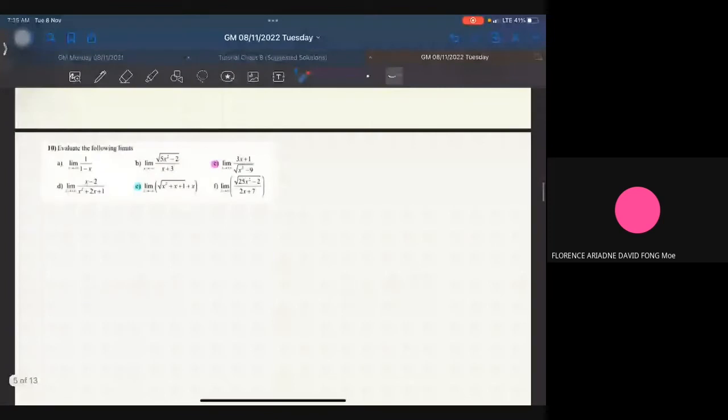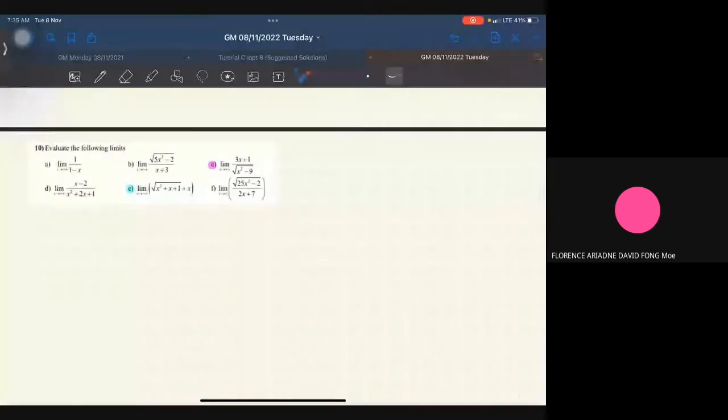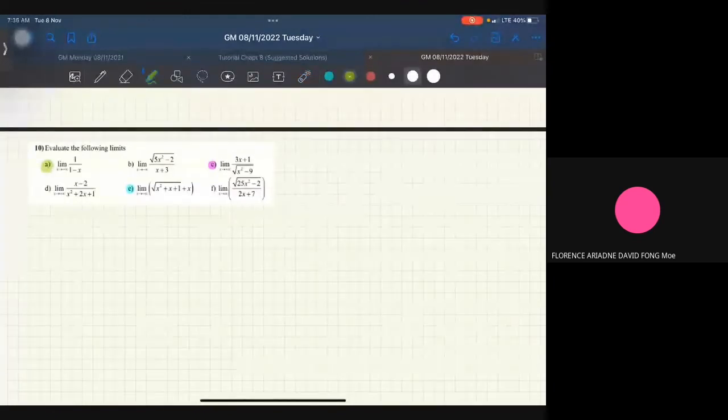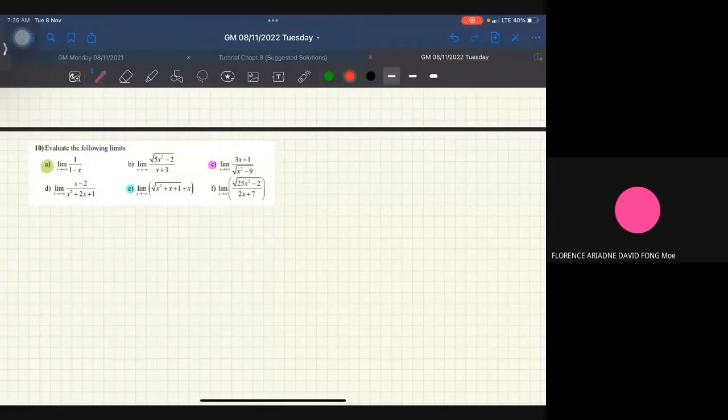Okay, so question number 10C. Let's take a look at this question together. Before soalan C, saya nak tengok soalan A dulu. Soalan A is this one. Kalau soalan melibatkan limit, tak kisahlah, saya ingatkan awak lagi sekali. The first thing that you need to do is you need to try substituting directly the value of X yang awak ada.